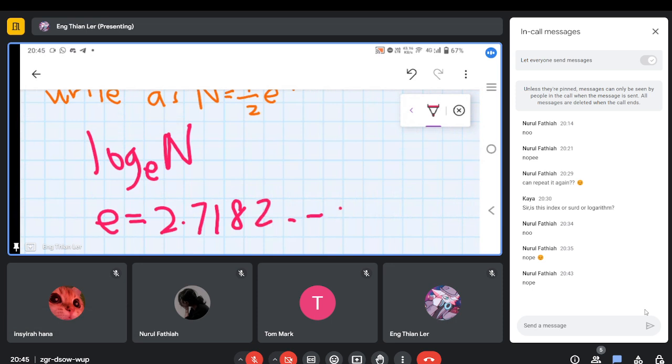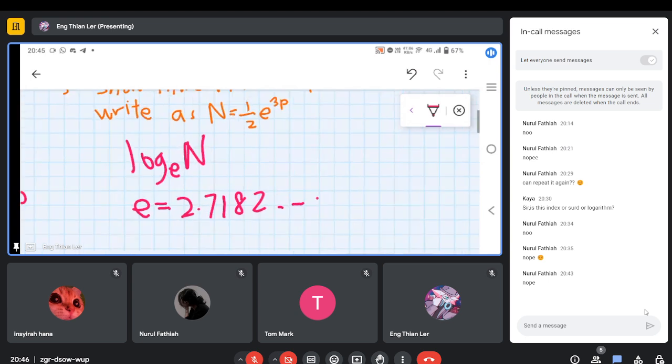It goes on forever. You can type e by pressing alpha and then ln, and then press equal. You will get 2.718281828. So it's just that. We call it ln because the base is e.